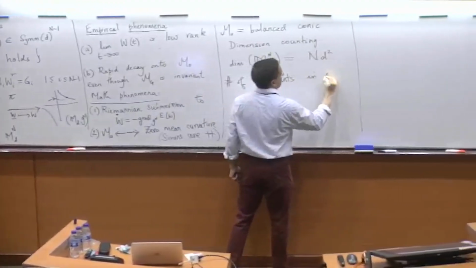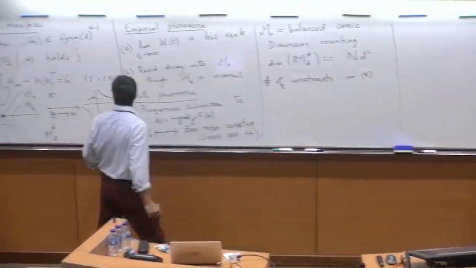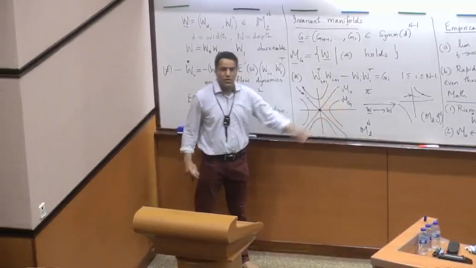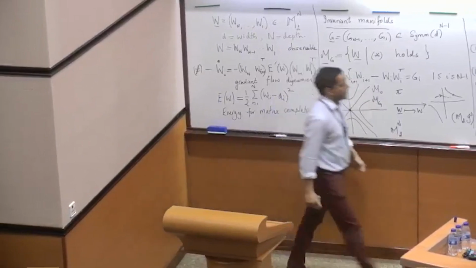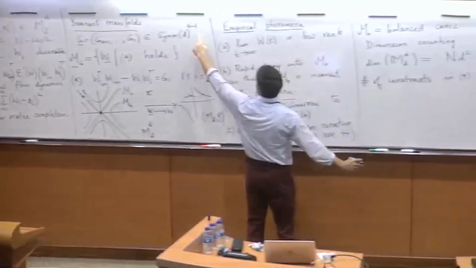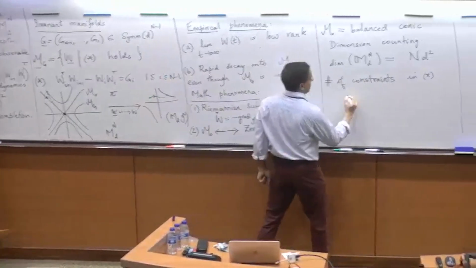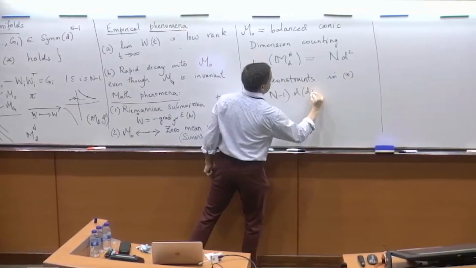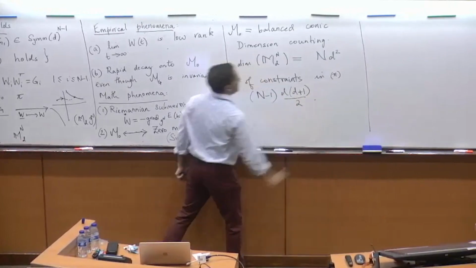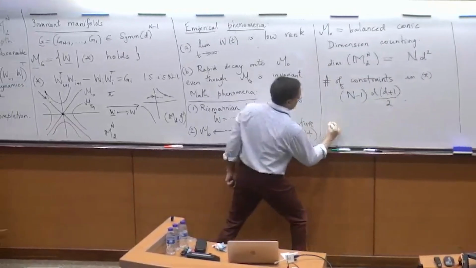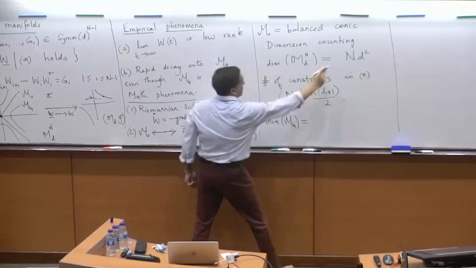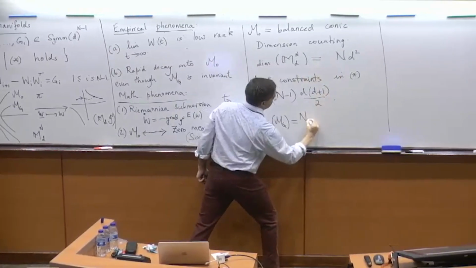What I'm trying to do over here is figure out the dimension of any of these manifolds, or the dimension of the balanced cone. So the number of constraints: I've got n minus 1 symmetric d by d matrices, so n minus 1 times d times d plus 1 over 2. So the dimension of any of the M_g is clearly nd squared minus that.